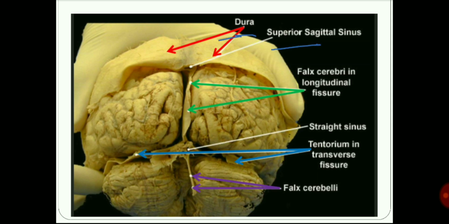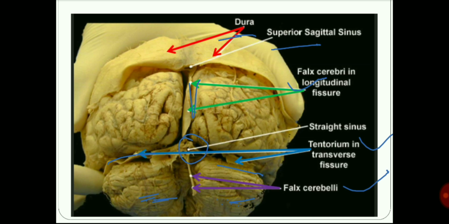Here is the falx cerebri along this longitudinal fissure dividing the two cerebral hemispheres. Here, along the lower margin of the falx cerebri, there is a straight sinus, and just below the occipital lobe there is the tentorium cerebelli, along which you will find this transverse fissure, and here is the falx cerebelli dividing the two halves of the cerebellum.